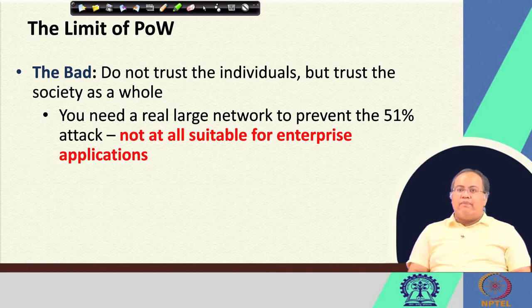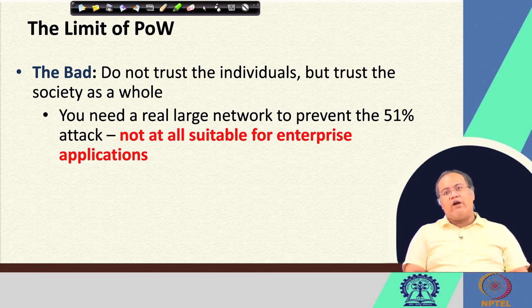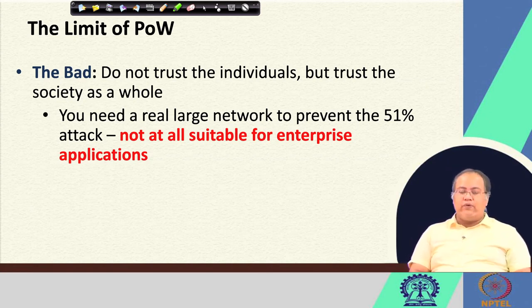But this is a strong assumption, particularly for many enterprise applications where blockchain is likely to be suitable. In applications like Bitcoin, which already has an established network with millions or billions of users who have participated there, it is obviously much more difficult to launch the 51% attack. But as I have mentioned, it is not that no one has ever demonstrated a 51% attack.